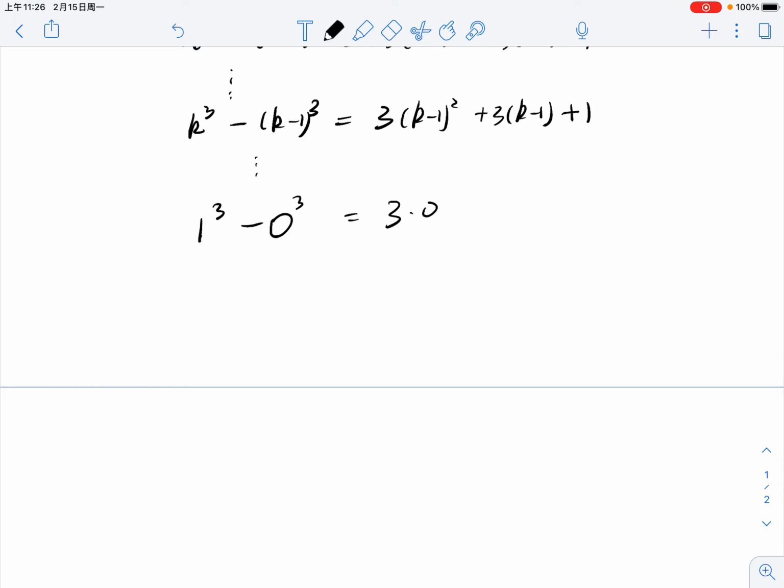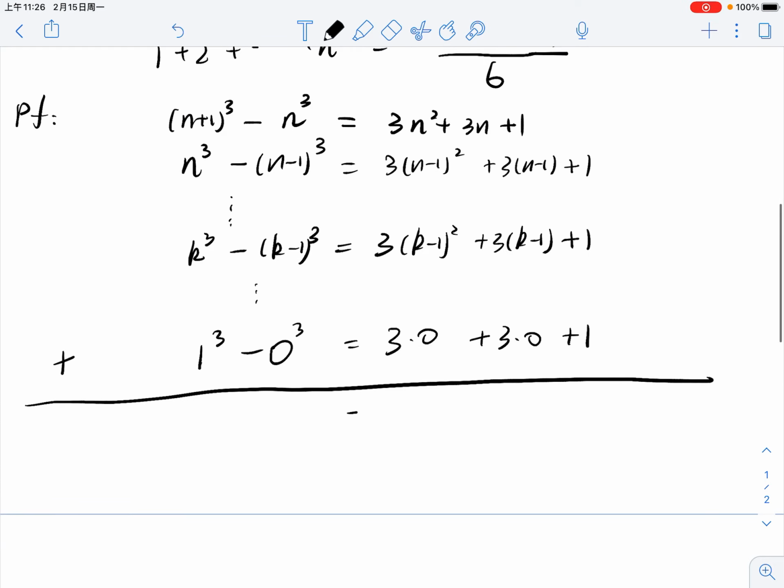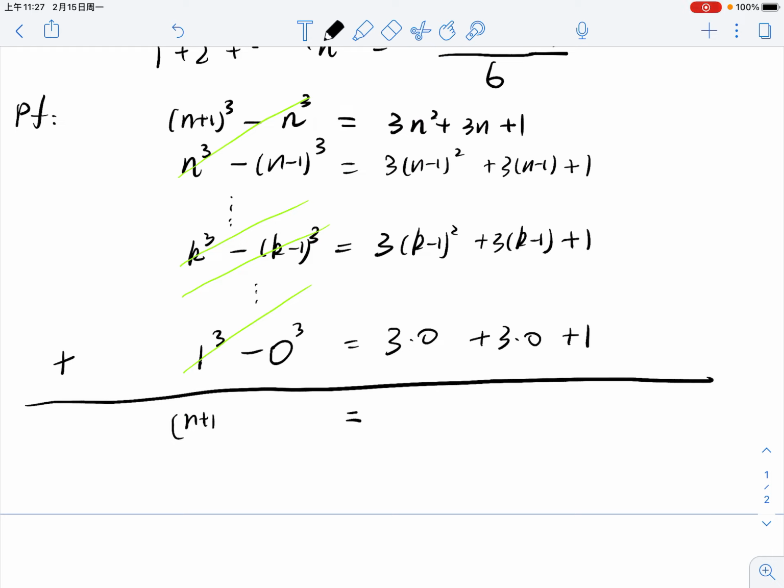Down to 1 cubed minus 0 cubed equals 3 times 0 plus 3 times 0 plus 1. And now if you sum them up, on the left hand side, you have cancellations. Therefore, finally, you have (n plus 1) cubed.